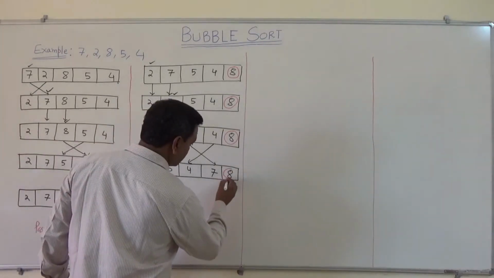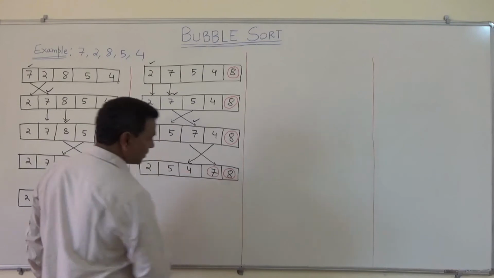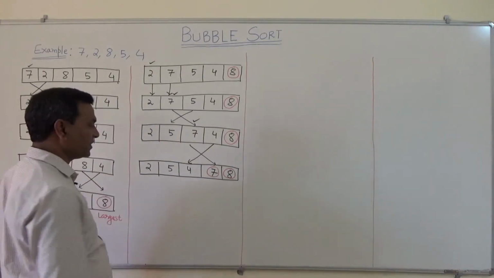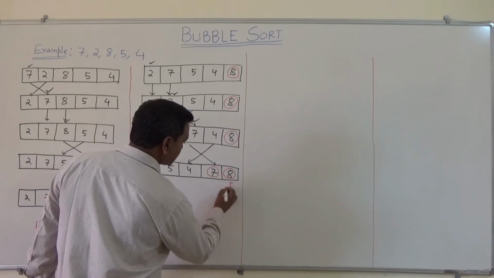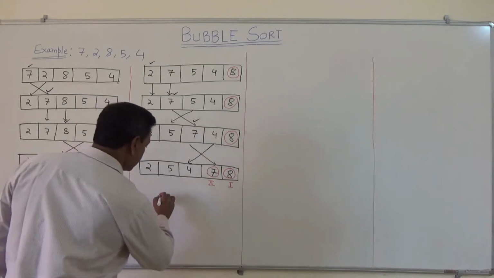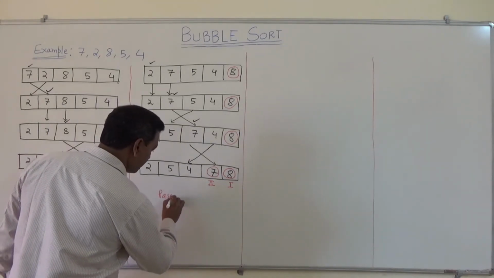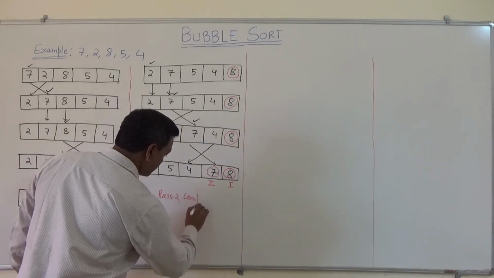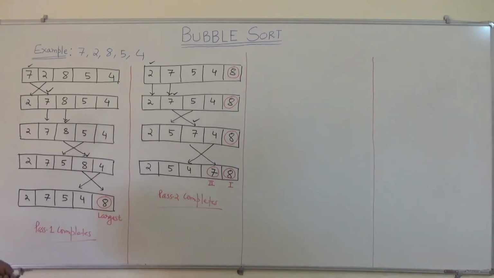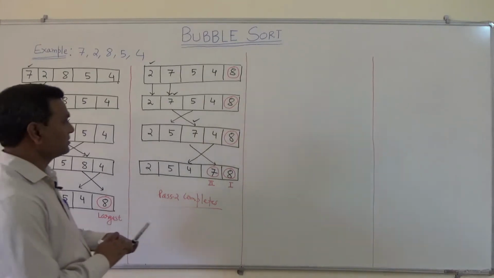These two elements are sorted. This is the second largest, this is the first largest. So here pass 2 completes. Now we will go for pass 3.